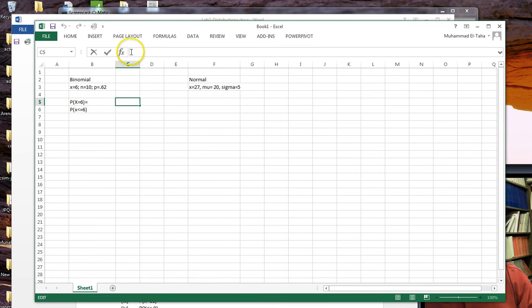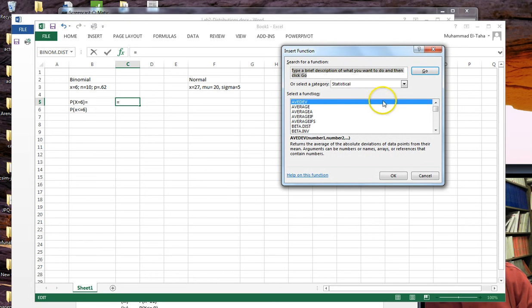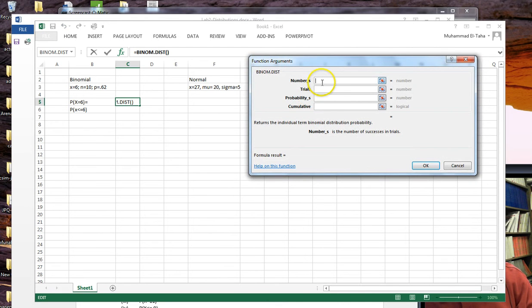Okay, and to compute this one I want to put the answer here, so I click here on functions, click OK, and you can see here because I've used this before, it's going to appear soon as the number 1, but I can click on fx and then click on statistical functions and go to the binomial distribution.